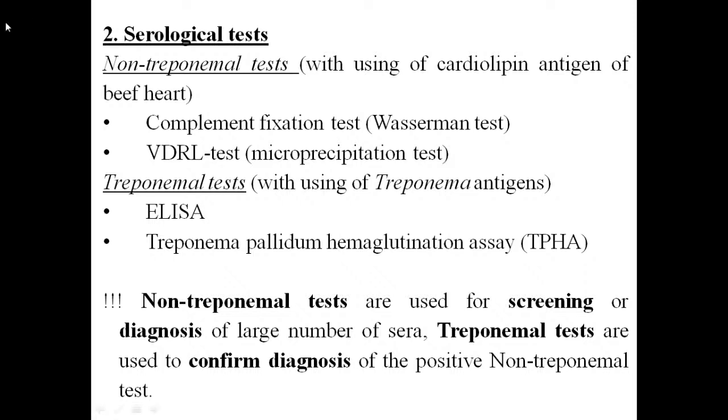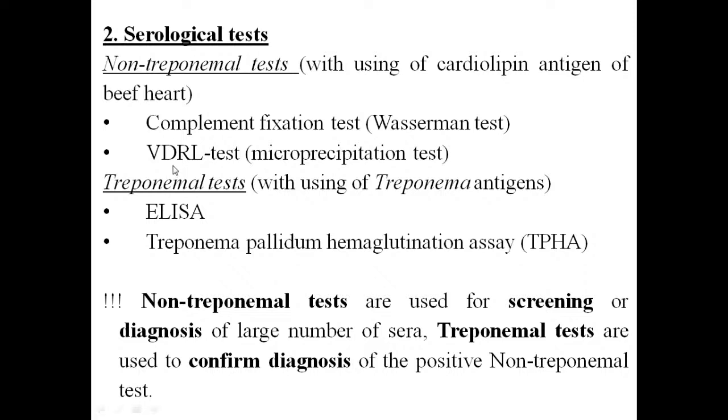What are these non-treponemal tests? This is the complement fixation test, also called the Wassermann test, after the doctor who suggested using it. And another one is the VDRL test, or microprecipitation test. We will talk about the mechanism of complement fixation and precipitation tests in immunology.